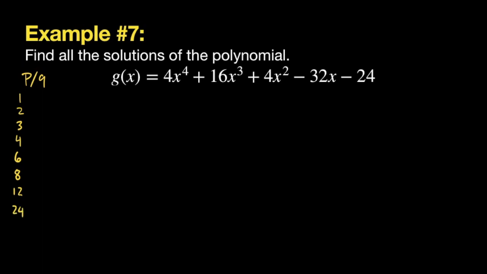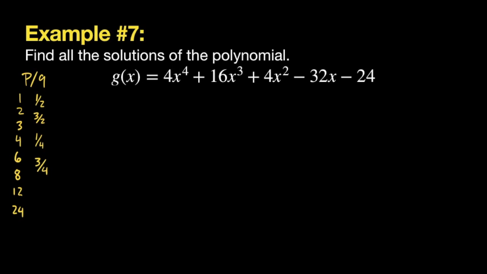Those are the factors of 24. But now we also need to make sure that we're adding the fractions. The fractions are going to be 1/2, 3 over 2, and we also have 1 over 4 and 3 over 4.